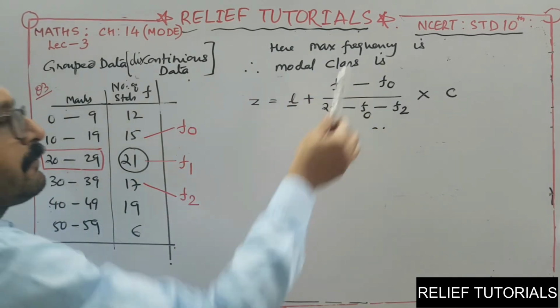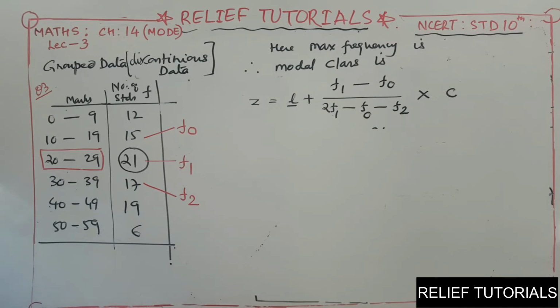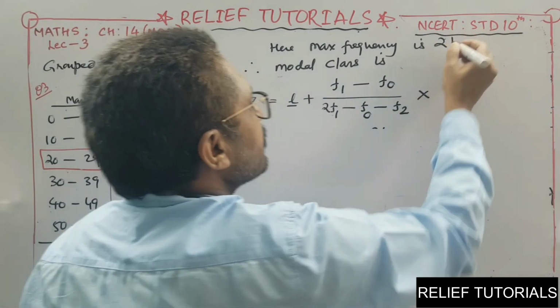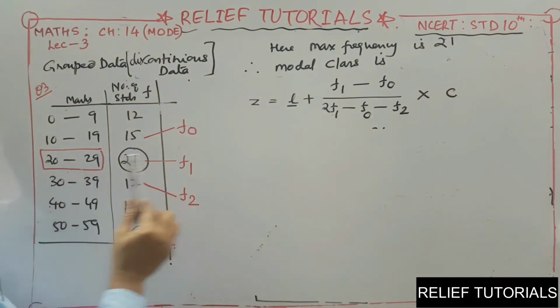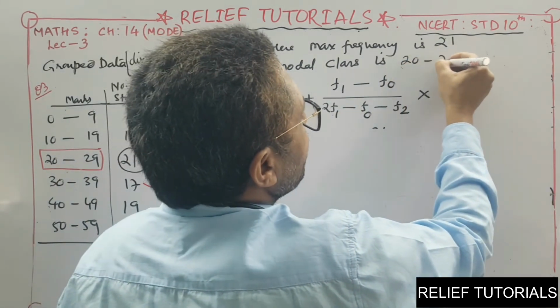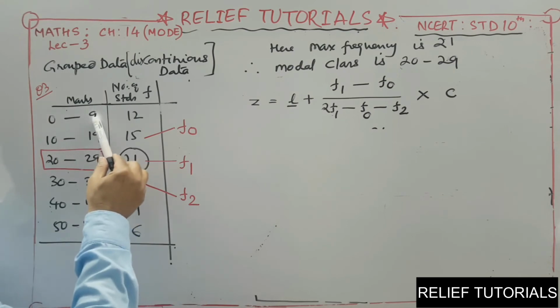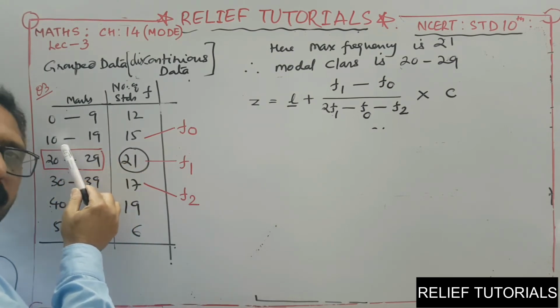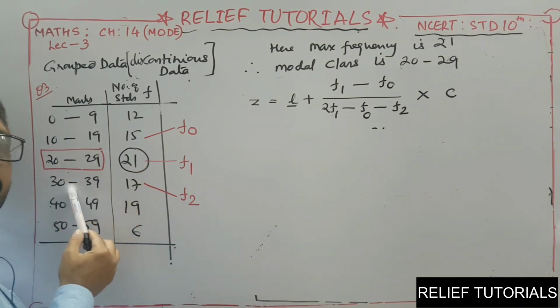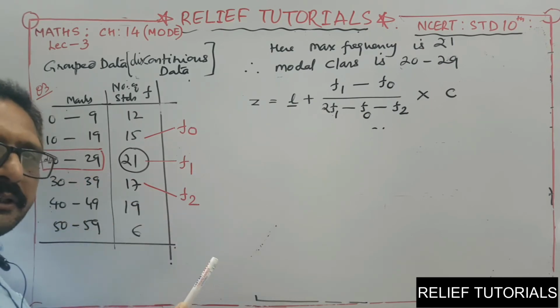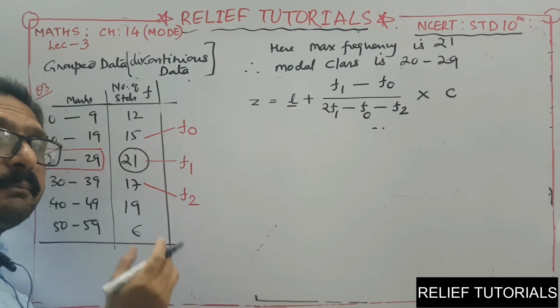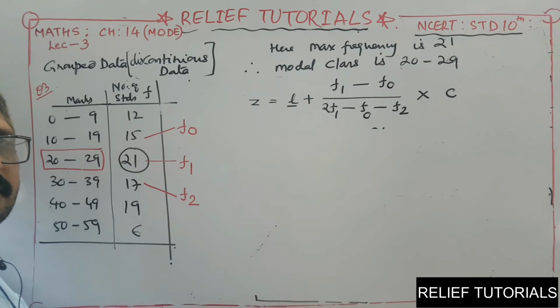The maximum frequency is 21, so the modal class is 20 to 29. But if you remember, this is not a continuous class. Whenever a problem with discontinuous classes appears, you have to convert them into continuous ones by writing their boundary points.